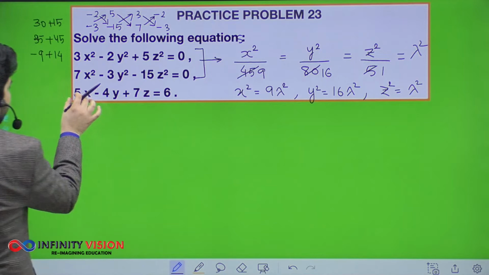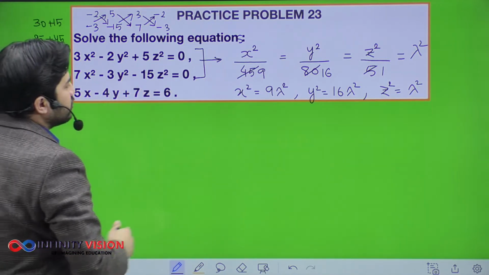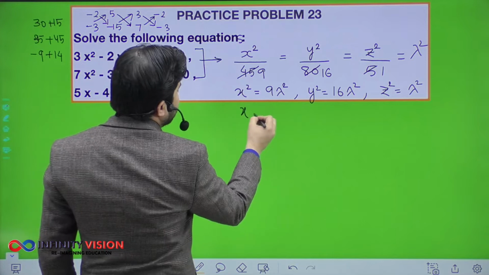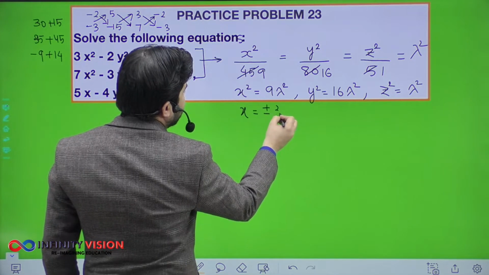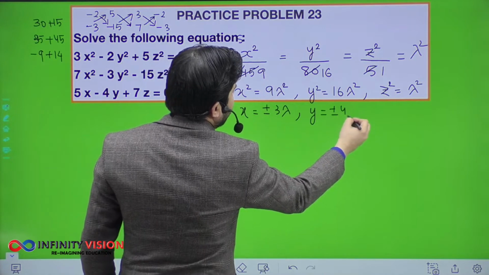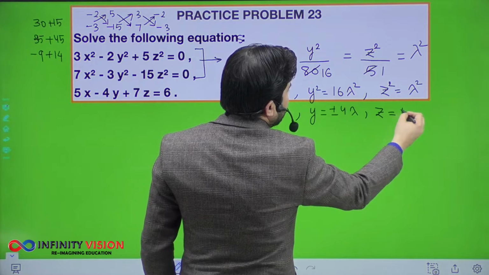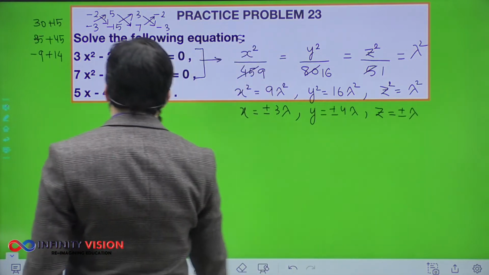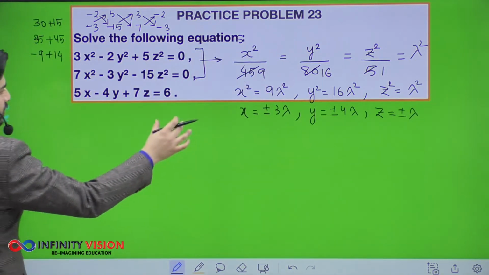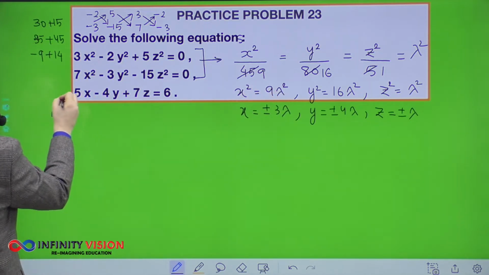Here I have 5x minus 4y plus 7z equals to 6. So I'll just try to write x is nothing but plus minus 3 lambda, y is nothing but plus minus 4 lambda, and z is nothing but plus minus lambda. So I'll try to put plus 3 lambda, plus 4 lambda and lambda in this equation.